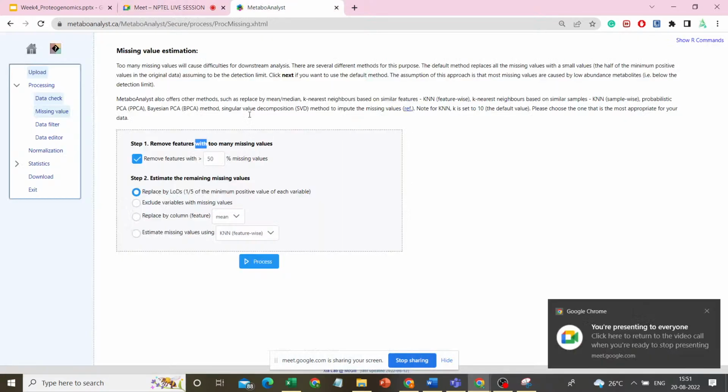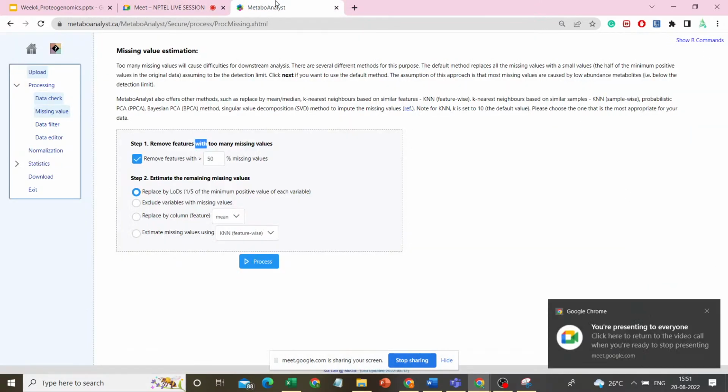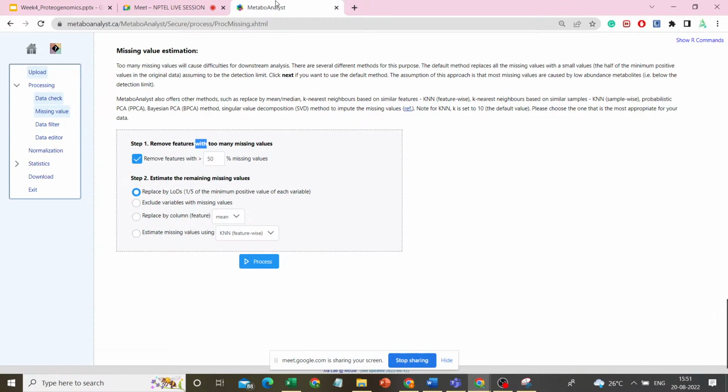Generally we can take missing values as 50% also. This means that features present in 50% of the samples will be imputed, but where more than 50% are missing, they will be removed.